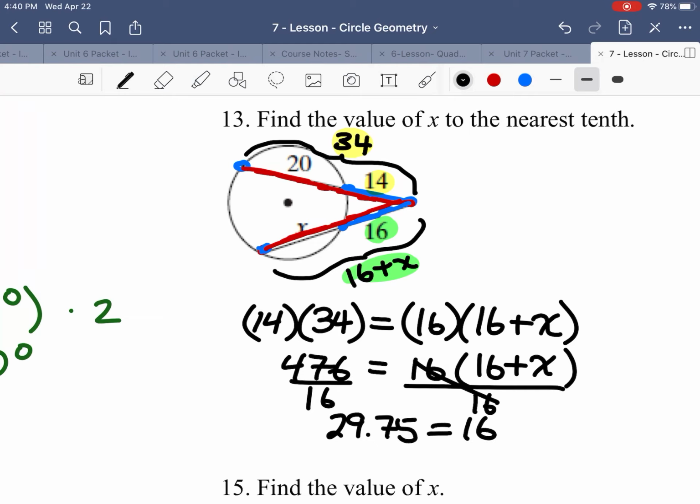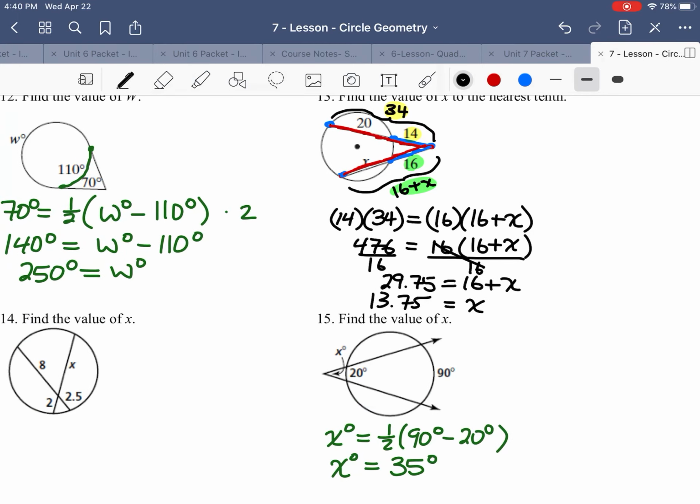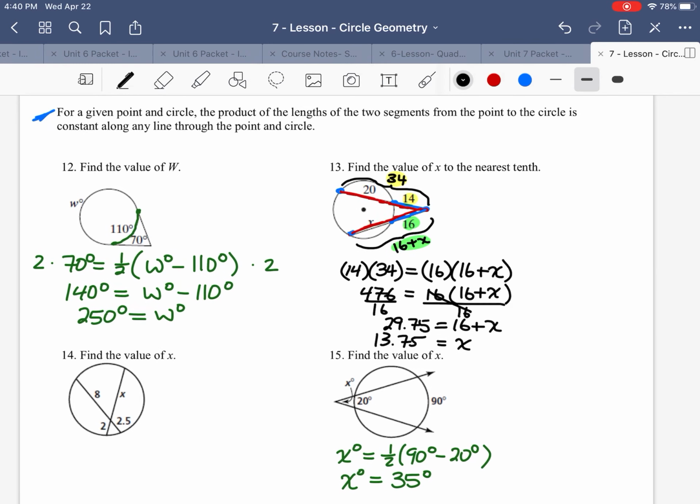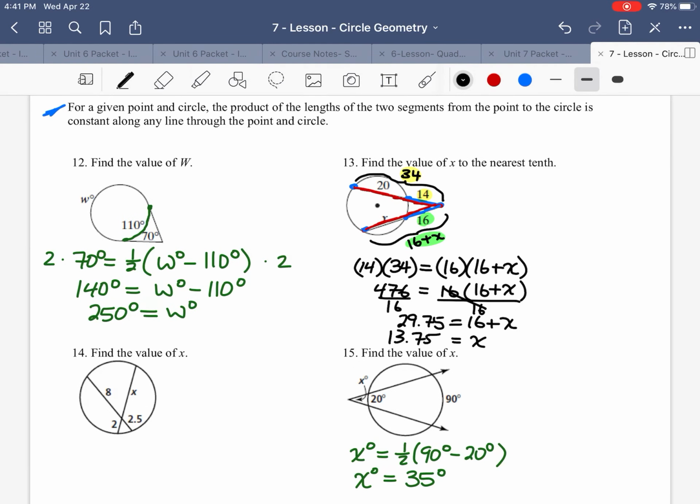So little decimal value, 29.75. Subtract off the 16, and I get x equal to 13.75. All right, so easily the most complicated of the two.